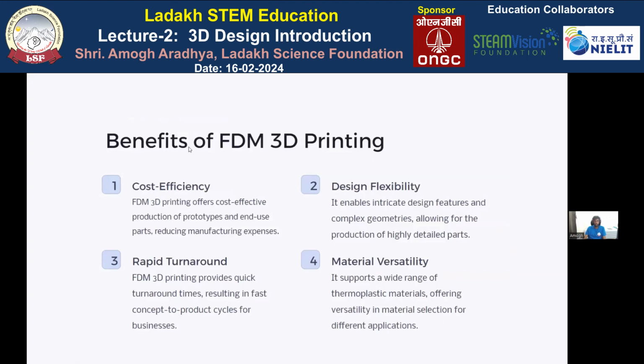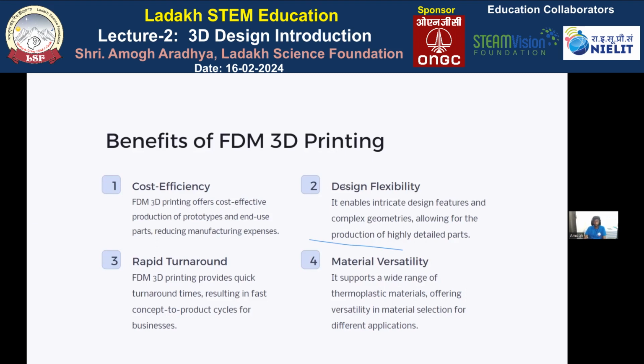Coming to the benefits. The first benefit is cost efficiency. As I mentioned, if you want to make something very small, in small batches, it is highly cost effective, and you can build prototypes very quickly and even end-use products, reducing manufacturing expenses.